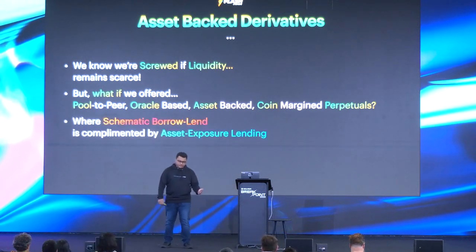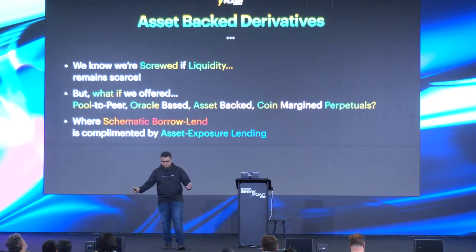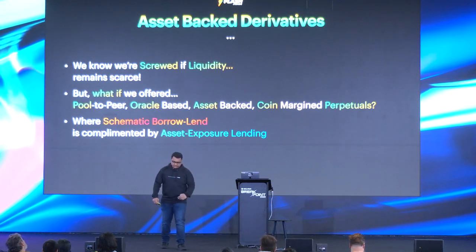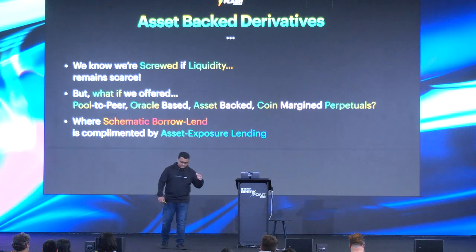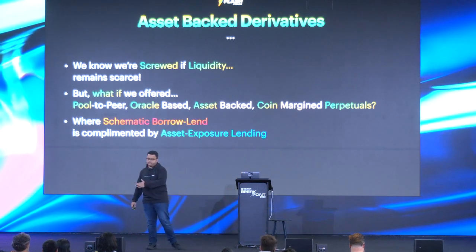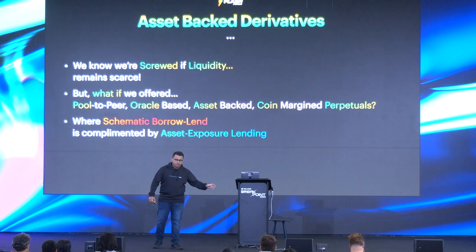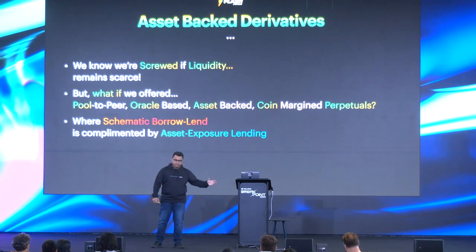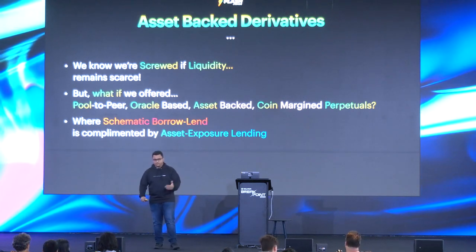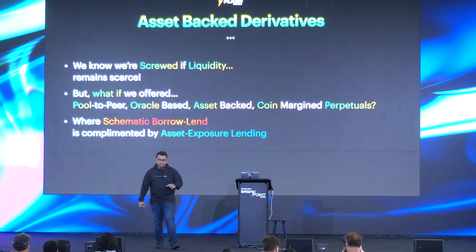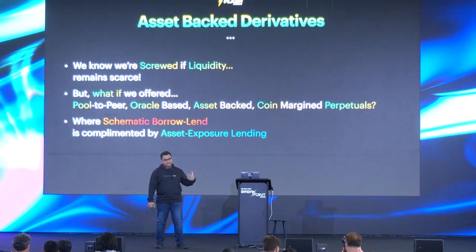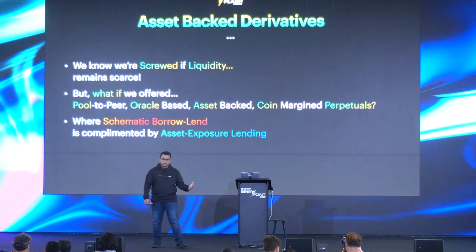The idea is to have an ecosystem or a protocol where schematic borrow lend is complemented by asset exposure lending. Now, schematic borrow lend is offered by a lot of protocols on Solana, and you know of those. So that's the normal borrow lend protocols that you have, where you go and lend into a pool, and then people come and borrow against it, and it's an over-collateralized lending platform.